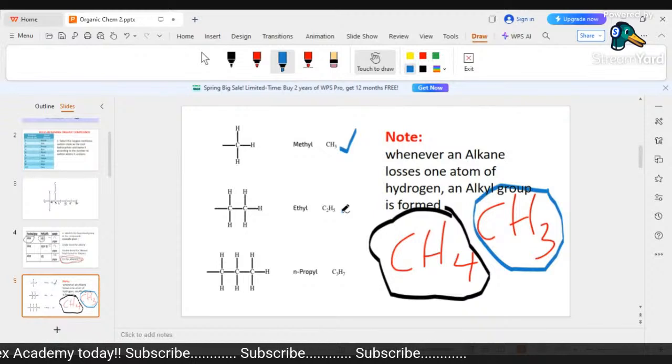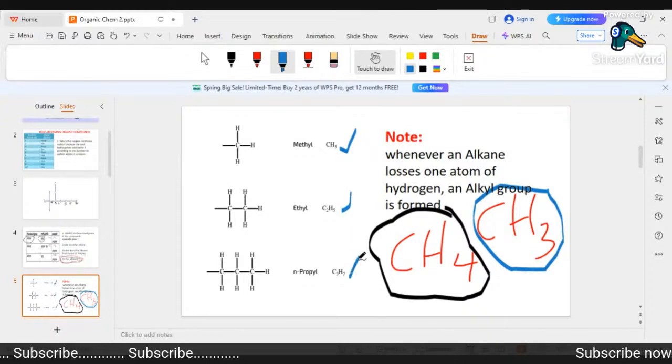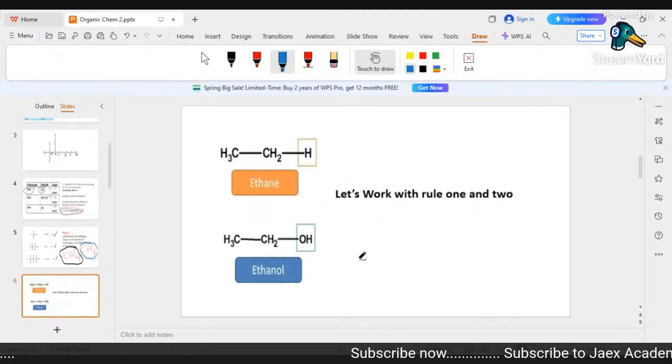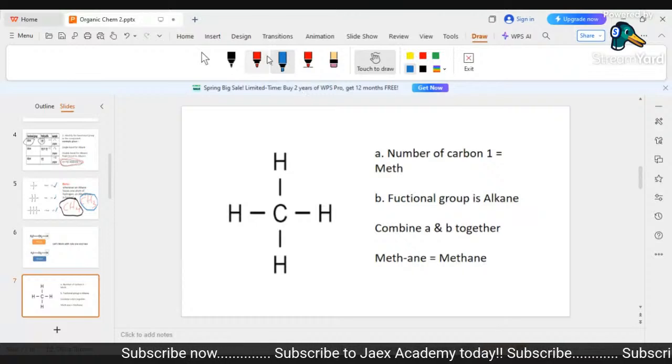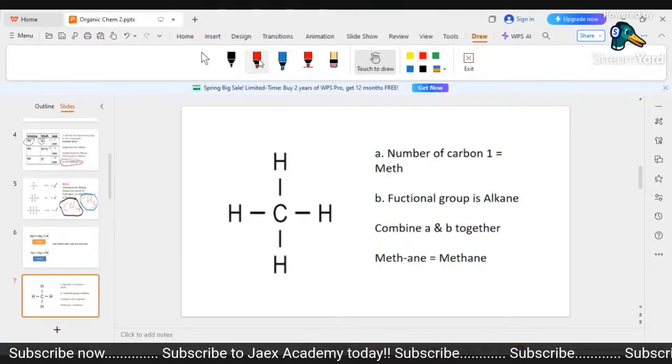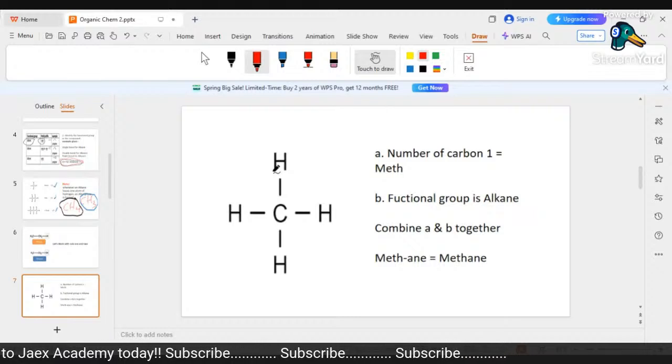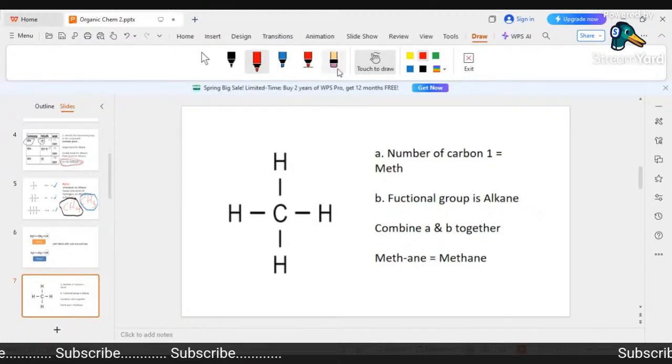Now, having said this, let's look at an example. This is where we start naming. Let's work with rule 1 and rule 2. Now, looking at this guy, the first thing we should do is to count the longest chain. For this case, the longest chain is just 1.